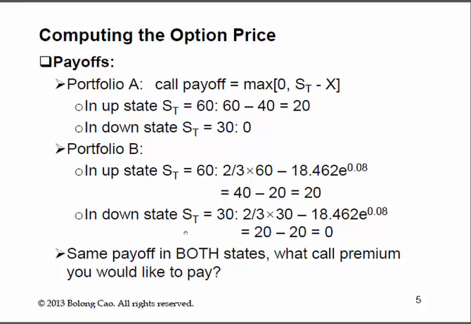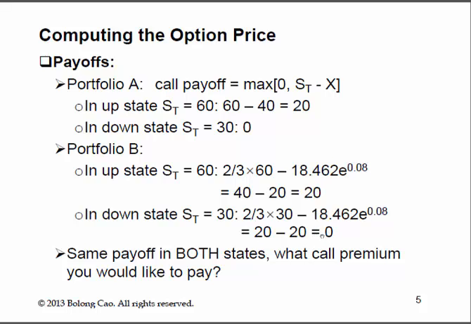Well, in the downstate, the underlying price is $30, and we have 2/3 of a share, so that's $20. Again, the continuously compounded $18.46 at 8% gives you $20. And now, reduce the $20 by $20, you get 0.